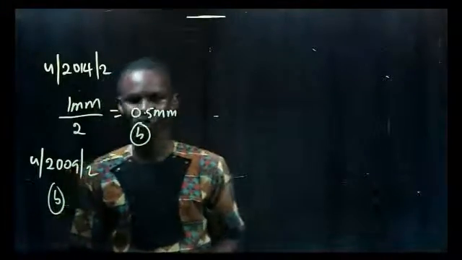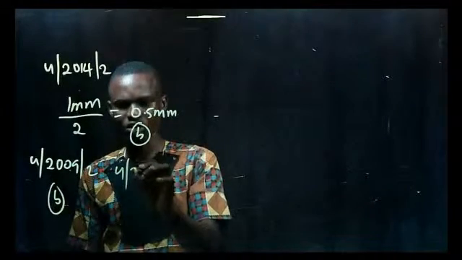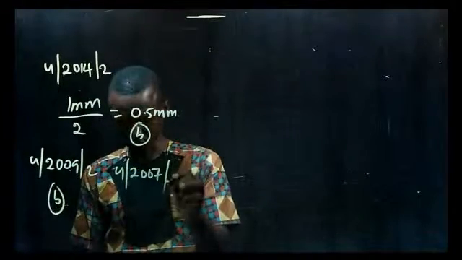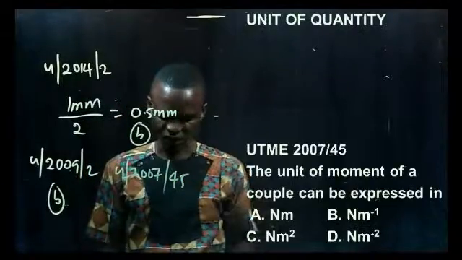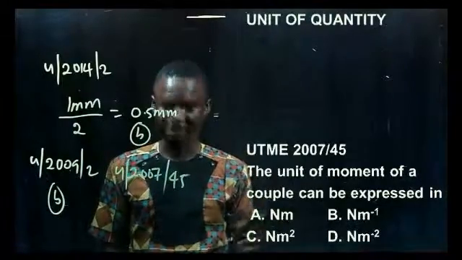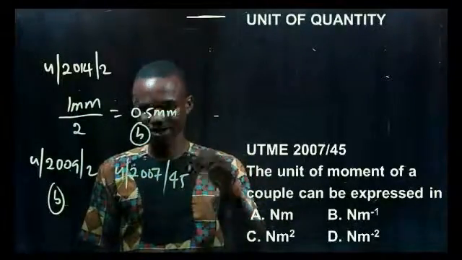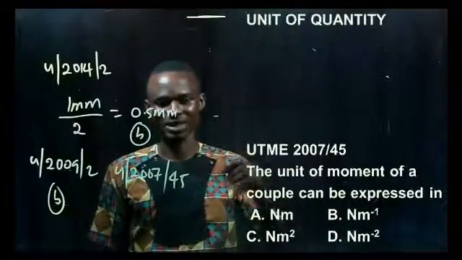The next question we're going to consider is UME 2007, question 45. This question is on unit of quantity. The unit of moment of a couple can be expressed as what? Before you can correctly give the unit of a quantity, you must know the mathematical expression.